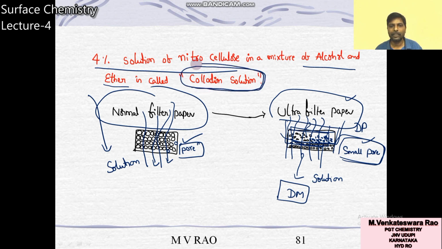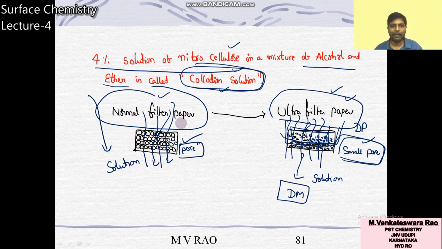So normal filter paper is impregnated with collodion solution and you will get ultrafilter paper. What is this collodion solution? It is a 4% solution of nitrocellulose in a mixture of alcohol and ether.